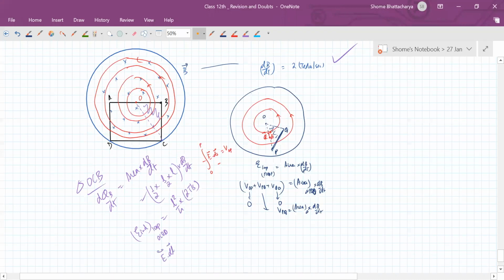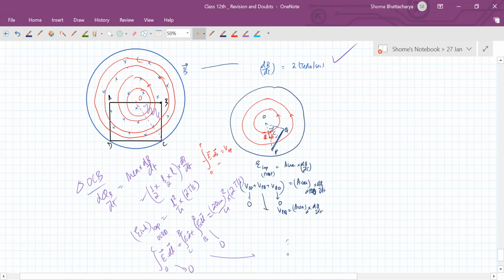So now you can see that this will be the integral of E dot dl from O to C, then C to B, then B to O. These three terms give the net induced EMF in the loop, and that is equal to 20 centimeters whole square by 4 into 2 Tesla per second. Here this term will be 0 and this term will be 0.